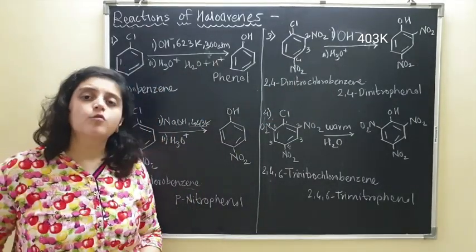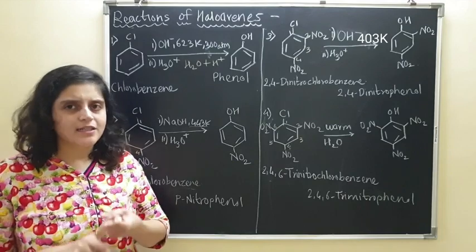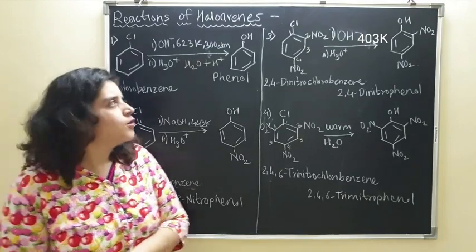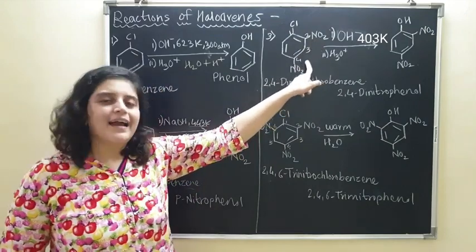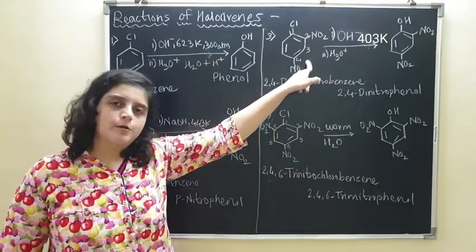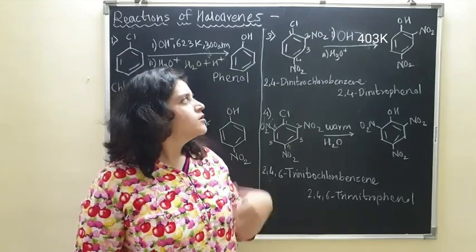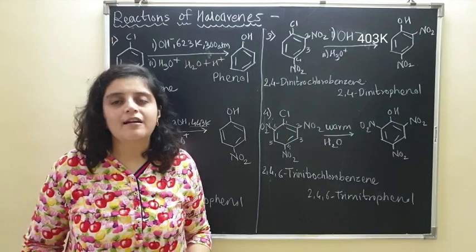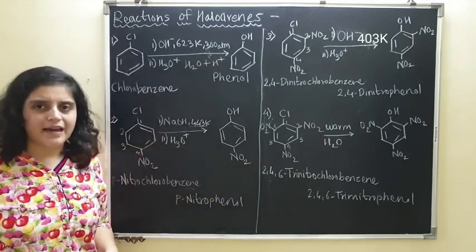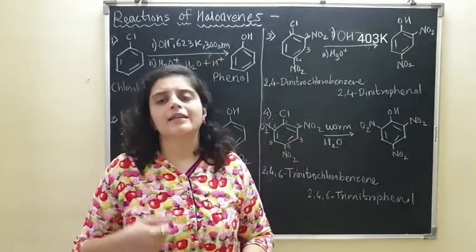Here we have two electron withdrawing groups, not just one: one at the second position, or we can say the ortho position, and the next one at the para position, or fourth position. So now the conditions have gone even milder than the previous reaction. Then let us go to the next reaction.